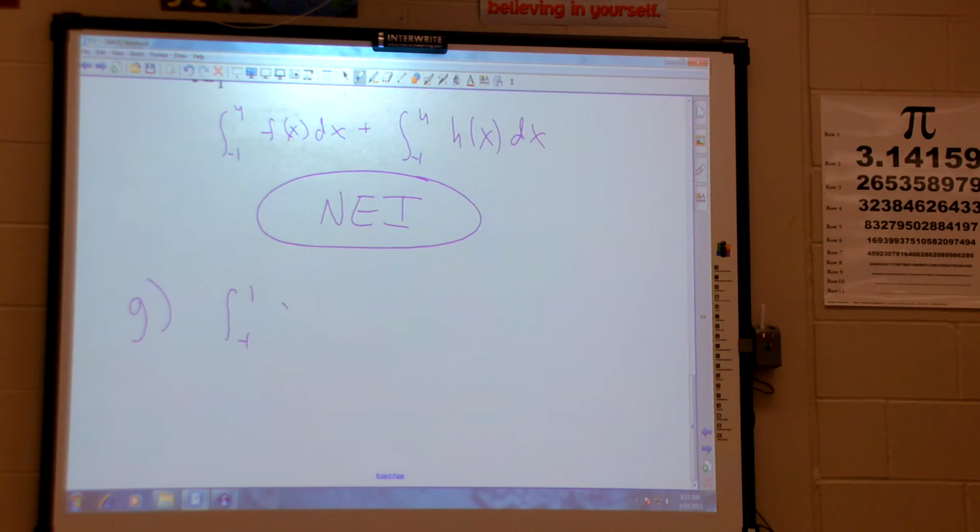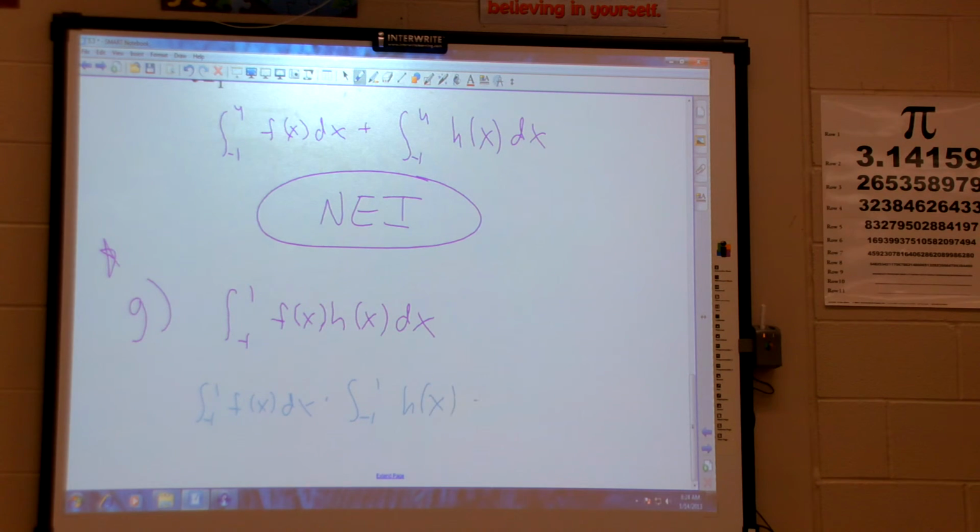Let me give you one more common mistake one. Negative 1 to 1 of f of x times h of x. This one is missed all the time. Now do not write what I'm going to write. This is what I see. Negative 1 to 1 f of x dx times negative 1 to 1 h of x dx.